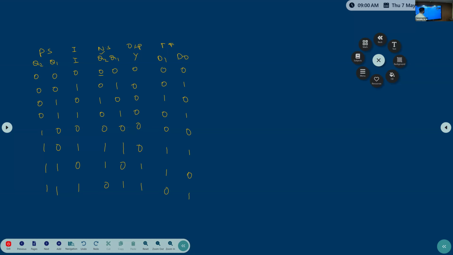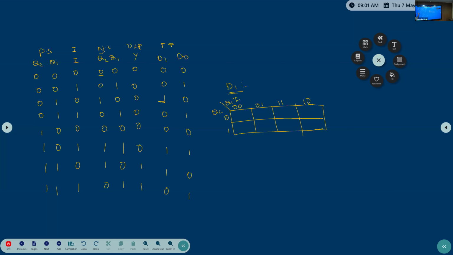So what is the K-map? If you see the K-map for D1, what inputs do we have? Q2, Q1, I. 0, 1, 0, 0, 0, 1, 1, 1, 1, 0. Clear? So now you need to check when it is high. It is high at this condition. Yes or no?